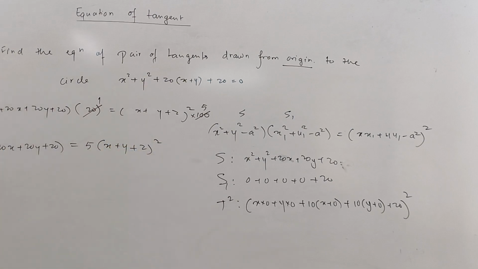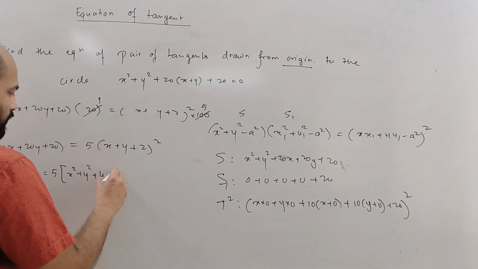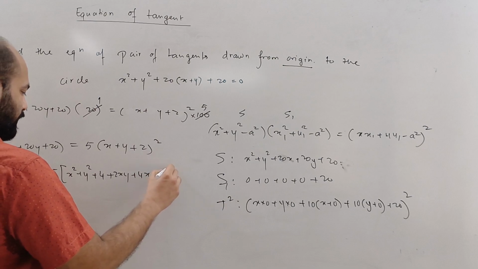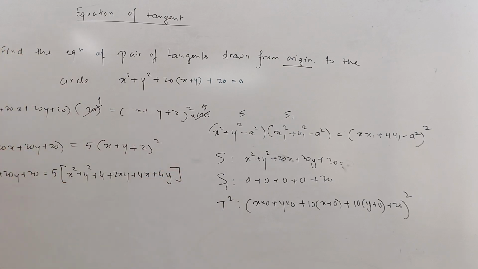So now all that we have to do is expand on this side. x square plus y square plus 20x plus 20y plus 20. This will be like 5 times x square plus y square plus 4 plus 2xy plus 4x plus 4y. This is what we get.